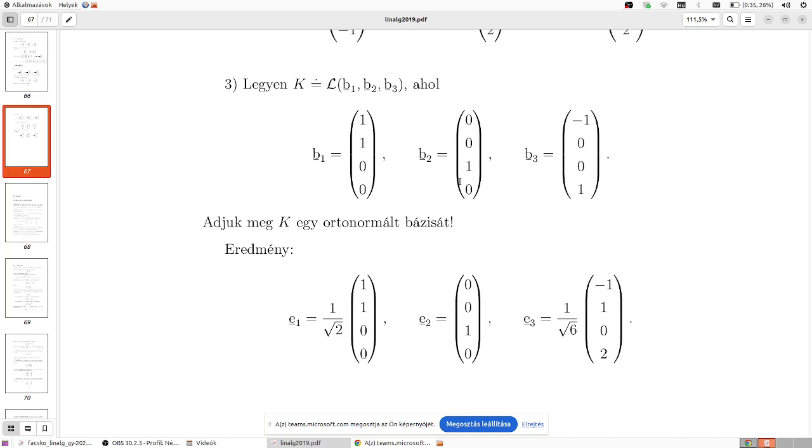Let's see A2, A3. It's 0, 0, 1, 0 multiplied by minus 1, 1, 0, 2.